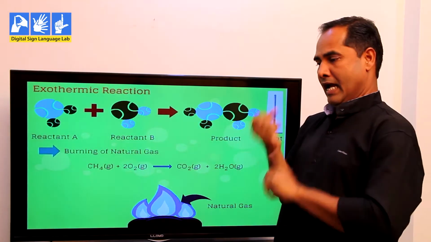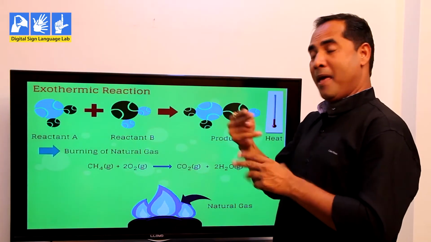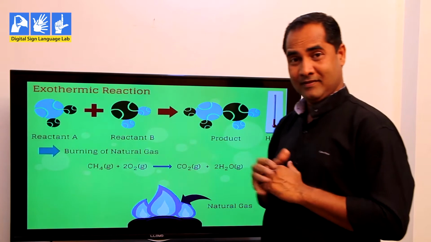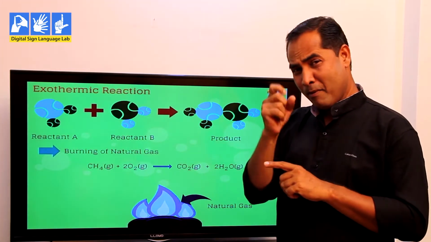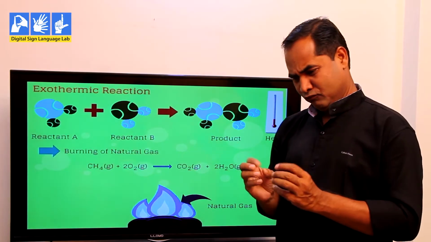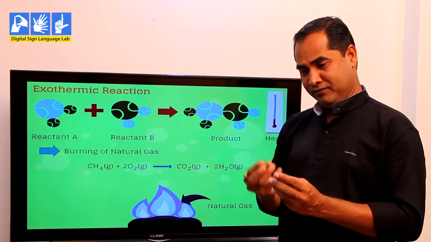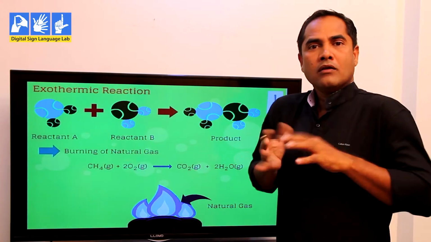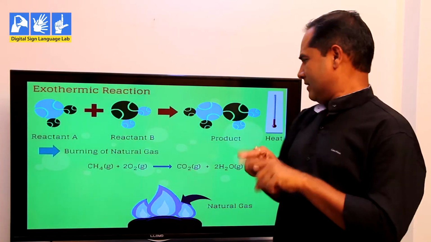So that is two chemicals reacting. We get heat, and that's why it is an exothermic reaction. Similarly, in the coal example, when we're burning coal in presence of oxygen, if you feel it, you would see it's hot.